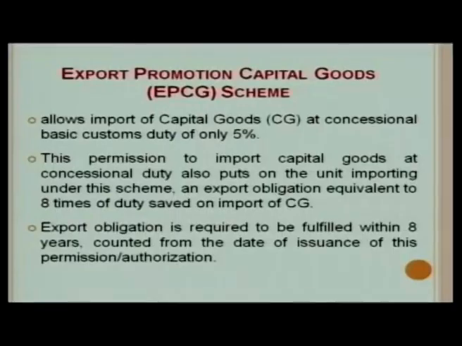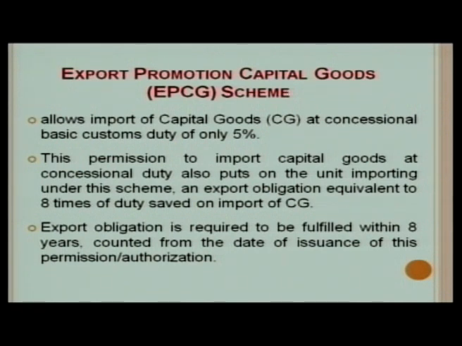Export Promotion Capital Goods Scheme, EPCG scheme. This scheme allows the import of capital goods at a concessional basic customs duty of only 5%. This permission to import capital goods at concessional duty also puts on the unit importing under the scheme an export obligation.